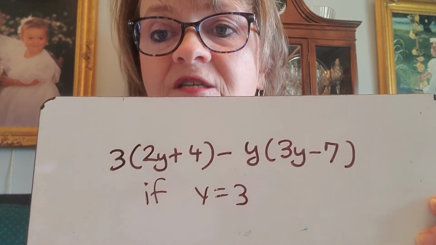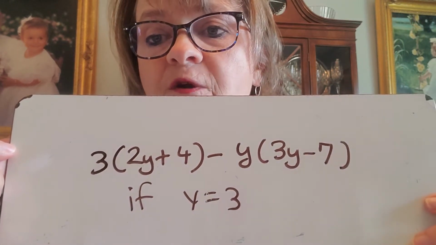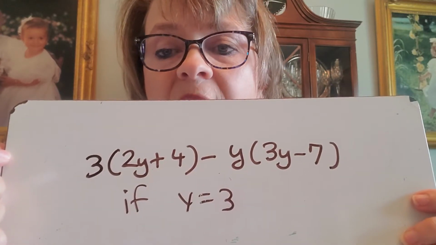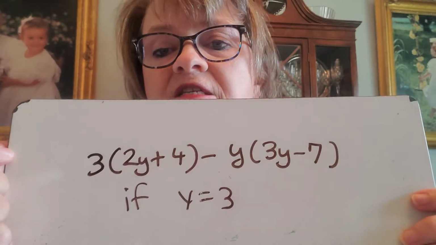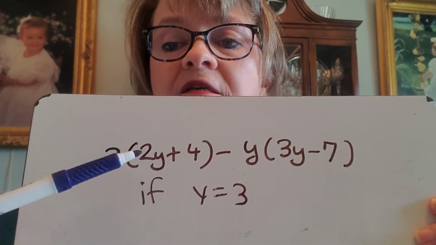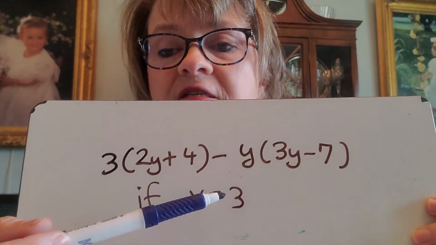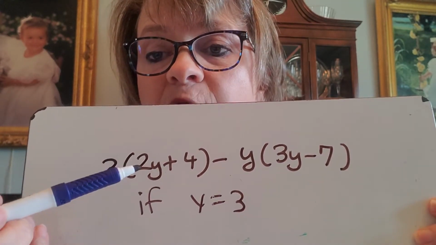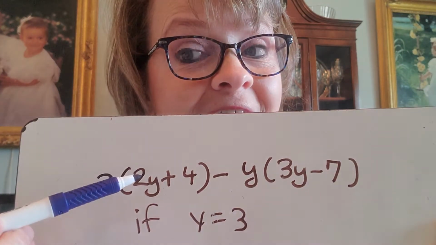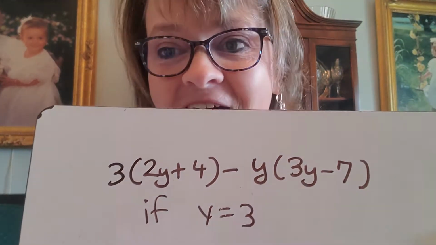So go ahead and write this problem down and work this with me. 3 parentheses 2y plus 4 minus y parentheses 3y minus 7. And instead of putting y's, we're going to put 3 in those places. Remember, if there's a number and a letter side by side with nothing in between, it's an understood what? That's right. It means times.